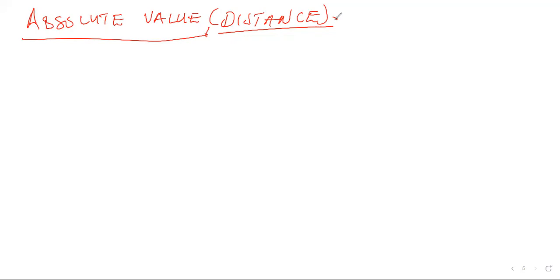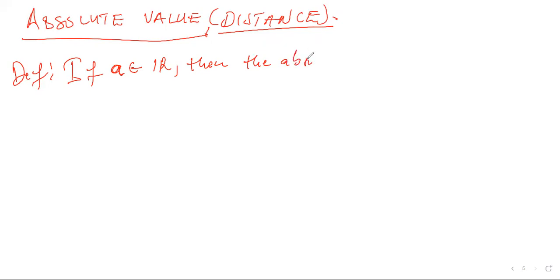So the definition of an absolute value: we say that if A is a real number, then the absolute value of A, the modulus of A, is equivalent to A if A is positive.